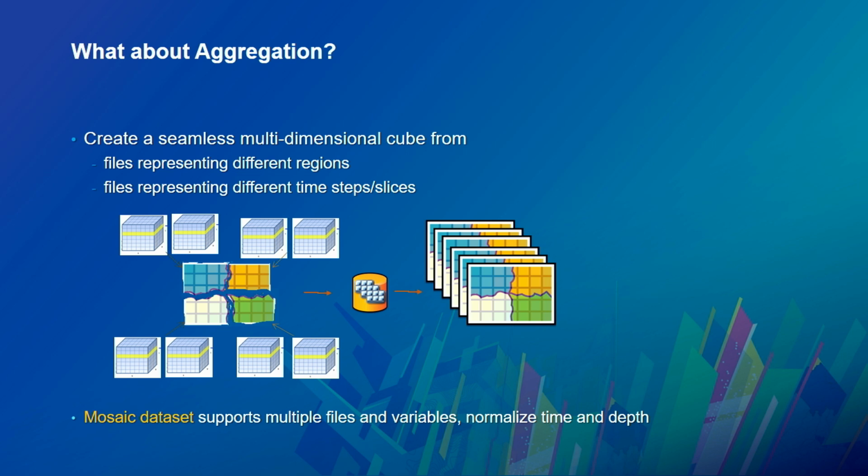There is a reason. They want to create small data, they want to pass back and forth over the net. There are many reasons why it happens. So we wanted to solve this problem so that you can put them all together but still use it as a multidimensional cube. And that problem is solved by using Mosaic Dataset. So Mosaic Dataset lets you do that, and we'll talk some more about it.